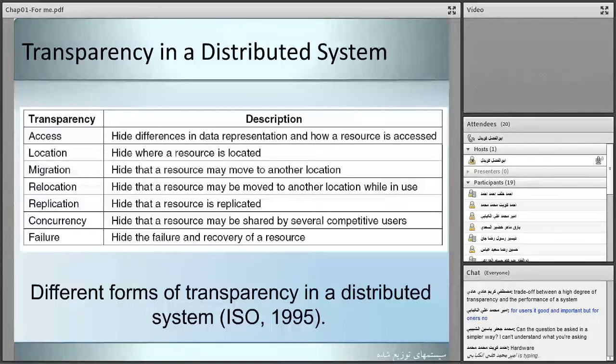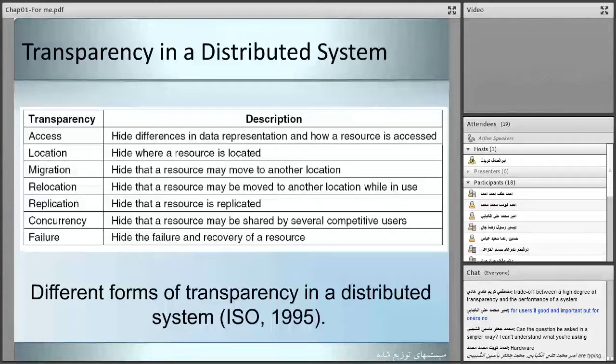I mean, in such a way, users can see the system as a single coherent system. If you remember the definition of distributed system, in the second part we said that users must see this distributed system as a single system. How? With these forms of transparency.